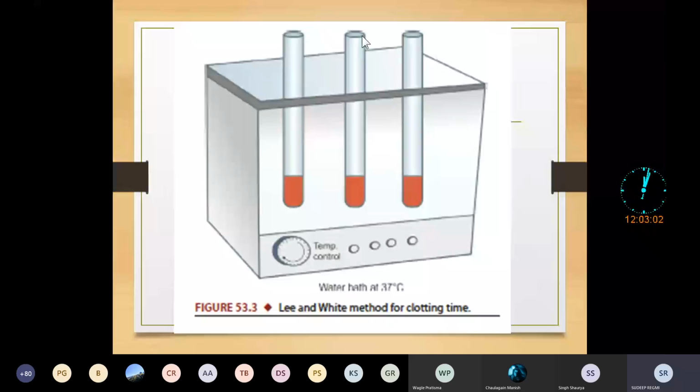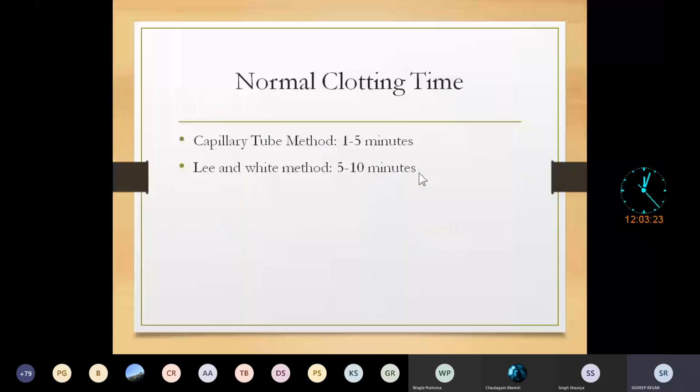Okay, and we see if there is formation of the clot or not. So the time at which there is formation of the clot and there is no spilling of the contents, that is the clotting time. Okay, the normal clotting time is, if capillary tube method is used, then 1 to 5 minutes normally, and Lee and White method 5 to 10 minutes normally.